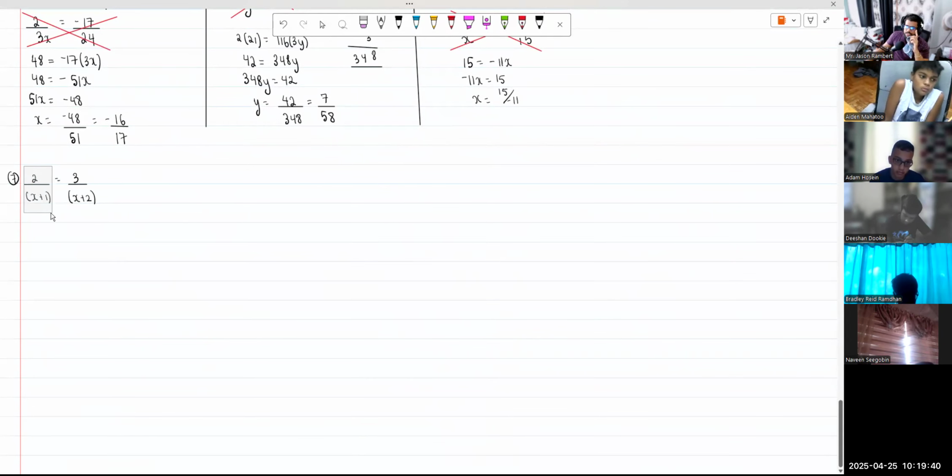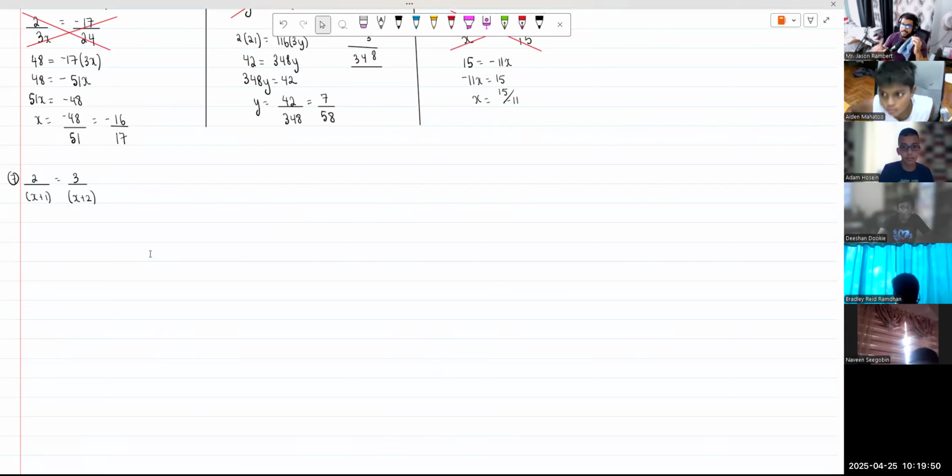Is this one fraction? 2 over x plus 1. It is. It's an algebraic fraction, but it is a fraction. 2 is my numerator. x plus 1 is my denominator. Are you seeing that? That qualifies the left-hand side to be a fraction.